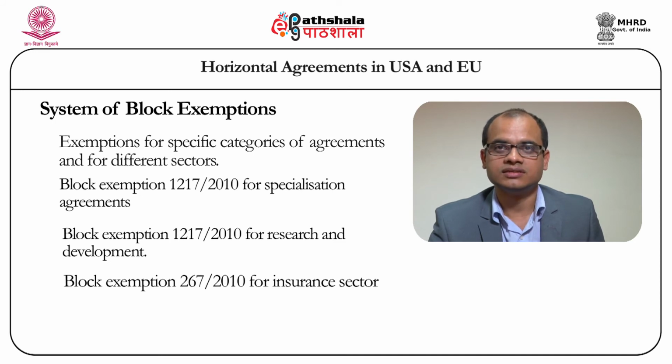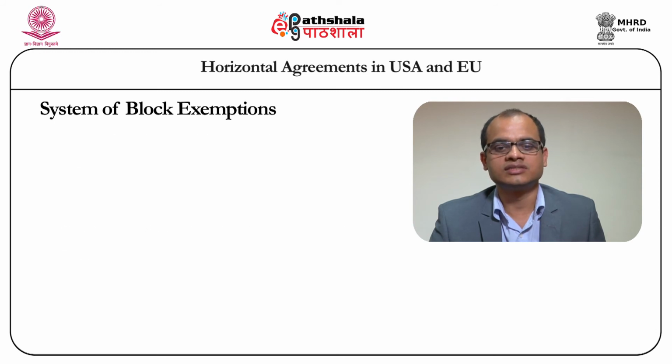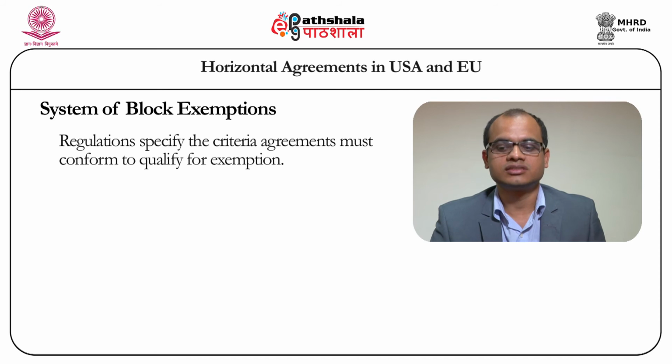So what is the reason why we need such block exemptions in the European Union? What is the reason behind designing such exemptions? These exemptions describe the typical features of the agreements in the sector covered by the regulation and further describe the specific criteria the agreements must conform to in order to qualify for exemptions.